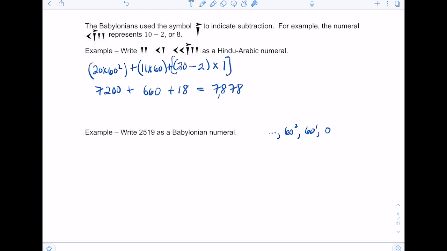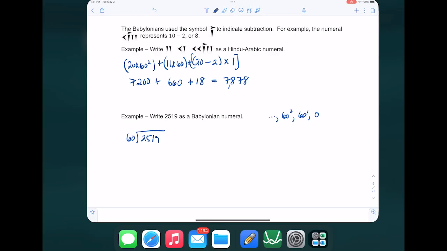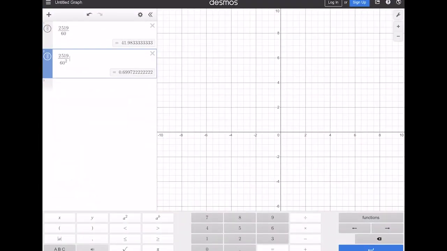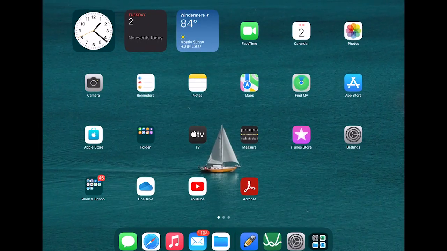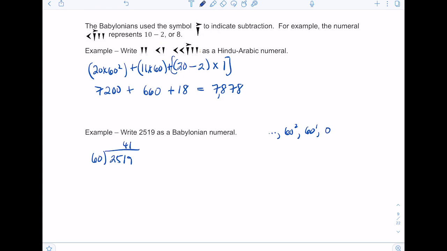So I'm going to start with 60, and I'm going to divide 60 into 2519, okay? As we know from looking at Desmos, it goes in 41 times. So automatically I know this is going to be a 41.